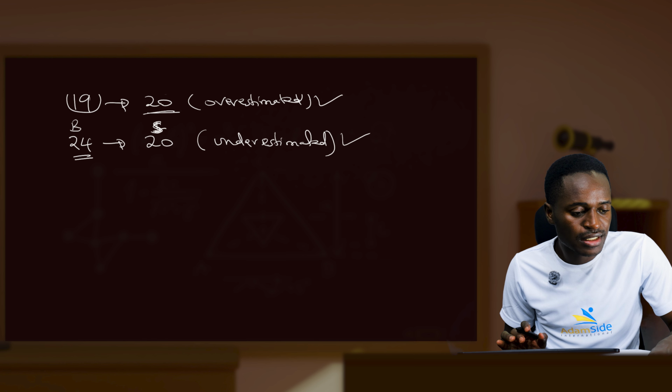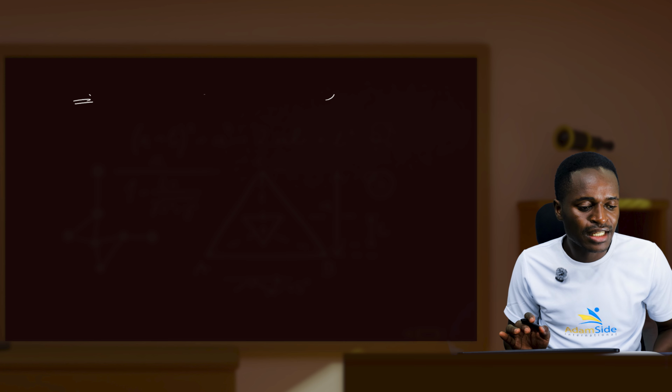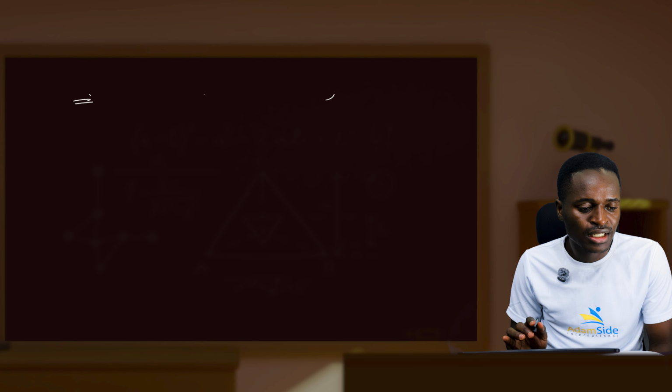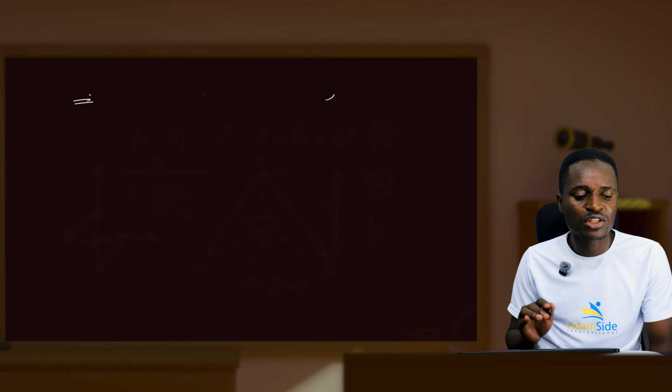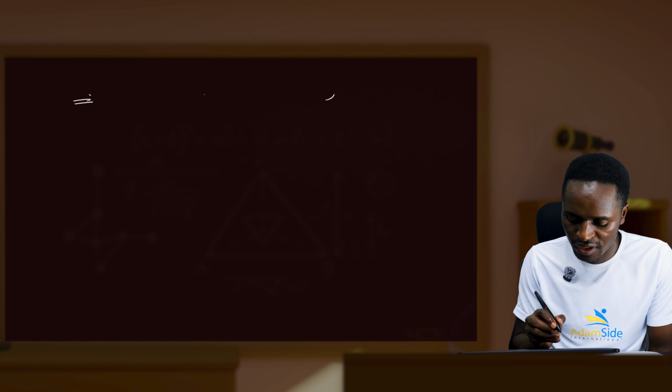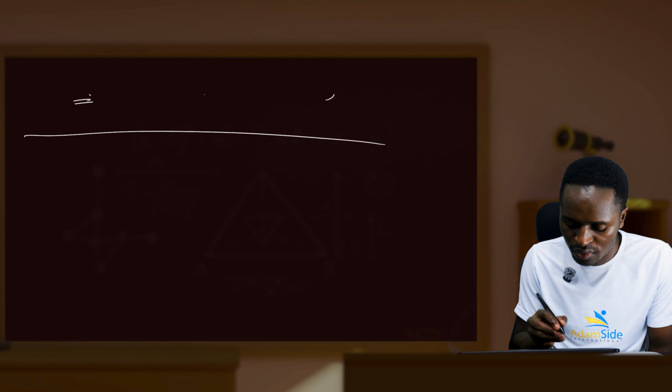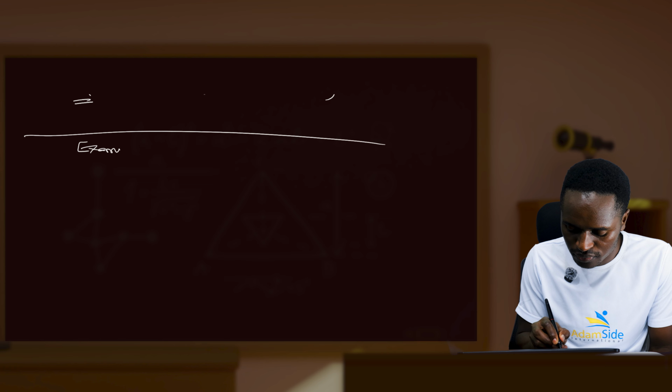Maybe we might be given a question. Calculate an estimate for 17.3 times 3.81 divided by 11.5. State with a reason whether the estimate is an overestimate or underestimate. Okay, correct. So we're going to the example.